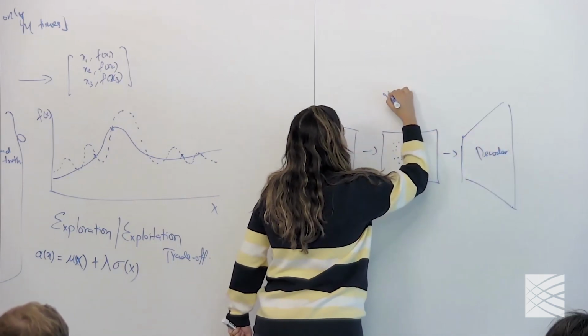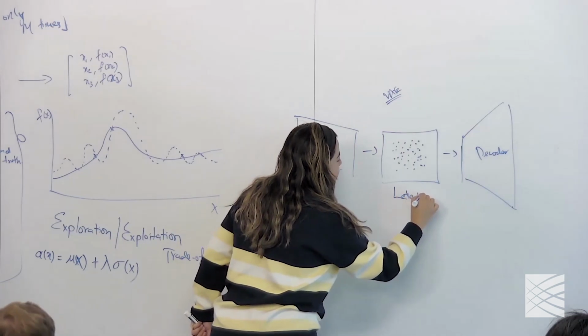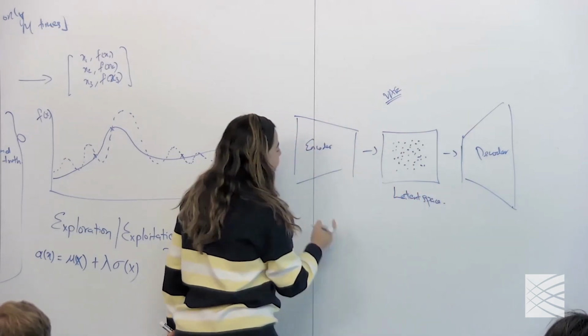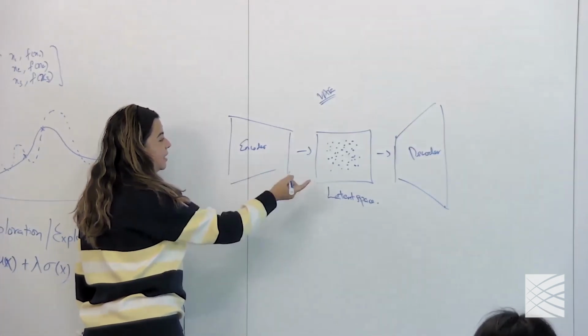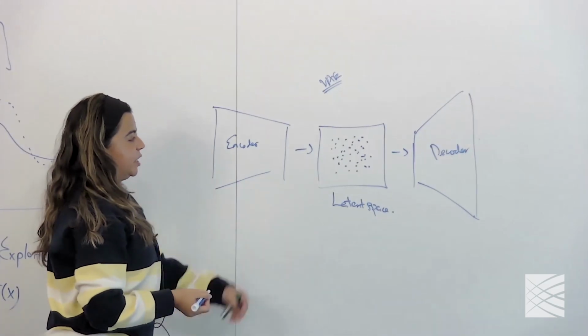This is the VAE autoencoder setup. This is the latent space. Each molecule that you train with this VAE setup is represented as a compressed point in this low dimensional latent space, right?